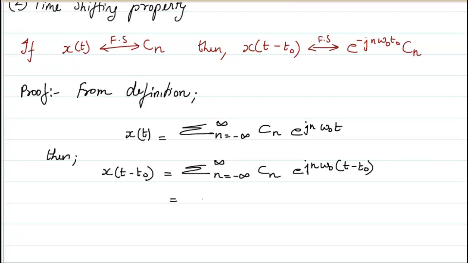That can be split apart into summation n equals minus infinity to infinity Cn e raised to power j n omega naught t into e raised to power minus j n omega naught t naught, which can be taken out separately.